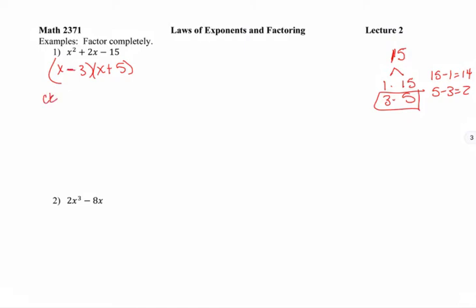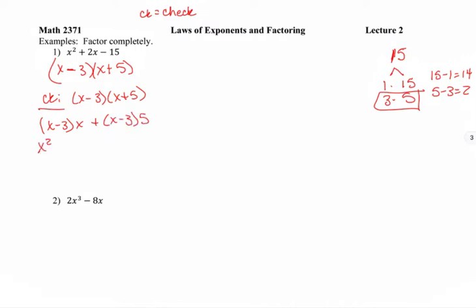Now, I'm going to check. CK equals check. To check these, like I said, I'm going to use the distributive property twice. So I have (x minus 3) times (x plus 5). That's (x minus 3) times x plus (x minus 3) times 5.